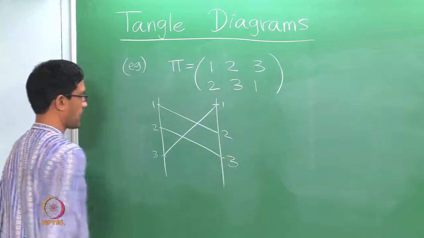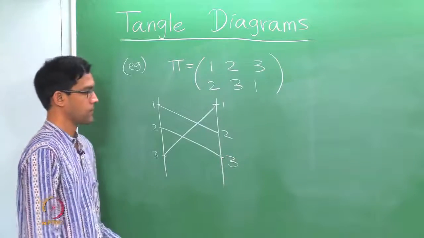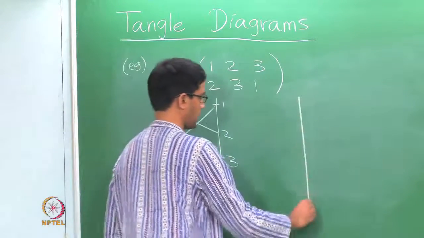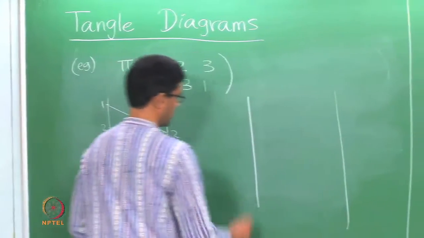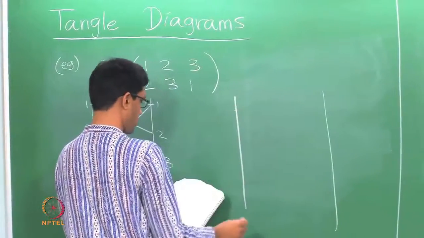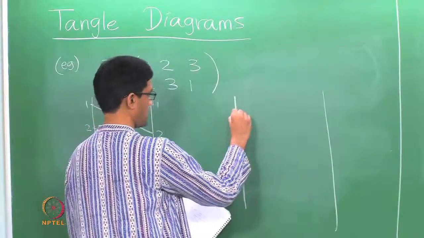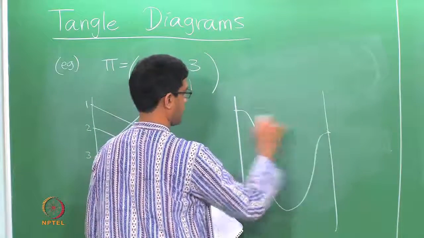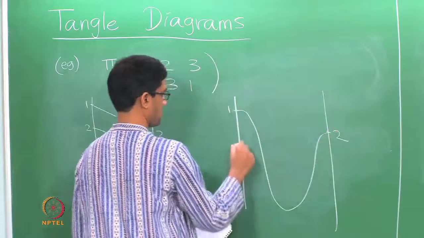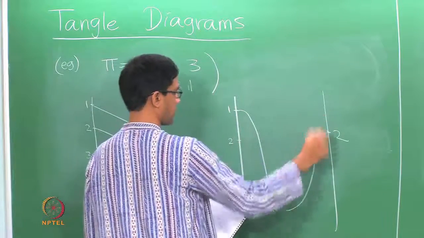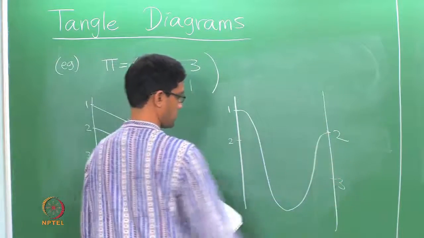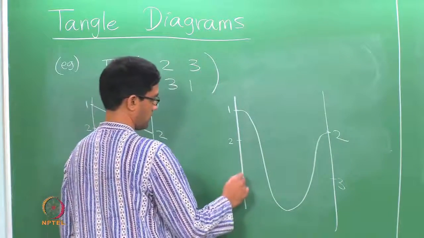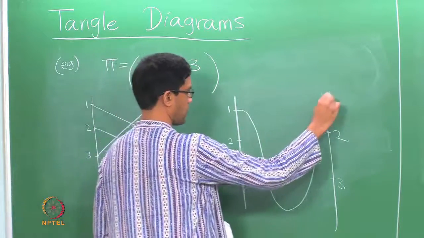So here's a tangle diagram for the permutation pi, but of course you could still do things like this. You just want 1 to go to 2, so maybe I do this, 1 maps to 2. Now I need to look at how to get 2 to go to 3, and then finally I need to make 3 go to 1.